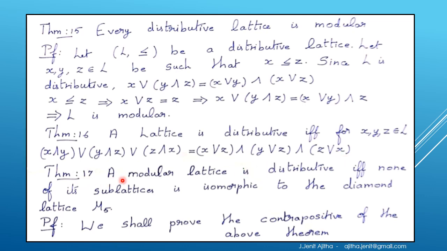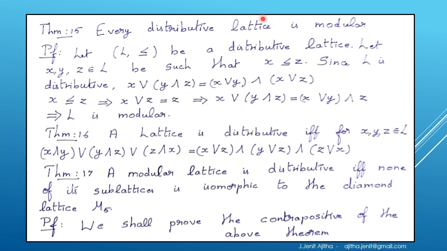And next we can see an important theorem. A modular lattice is distributive if and only if none of its sublattices is isomorphic to the diamond lattice M5.